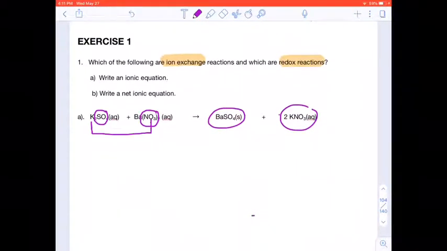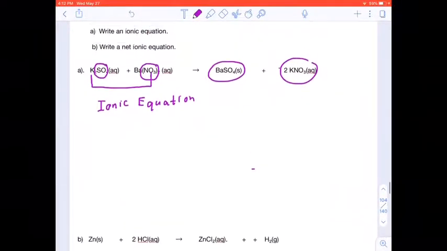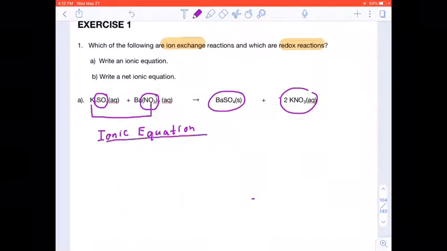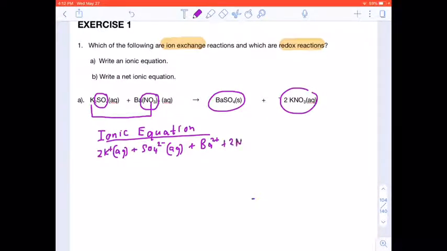So if we have K2SO4, it's balanced, so 2K plus, plus SO4 2 minus, plus Ba2 plus, plus 2NO3 minus.